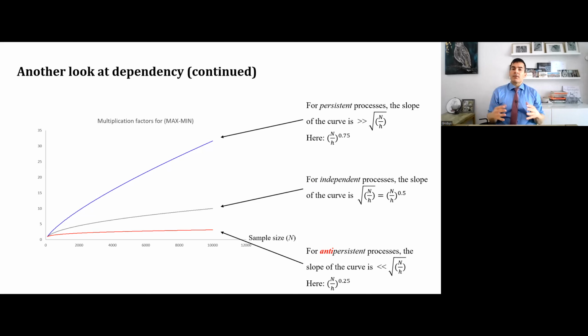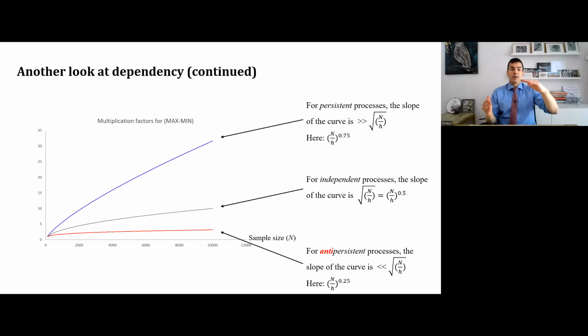For a persistent process, as we have seen in the previous example, the slope is larger than 0.5, larger than the square root. For instance, I have simulated a process where the corresponding slope is 0.75.